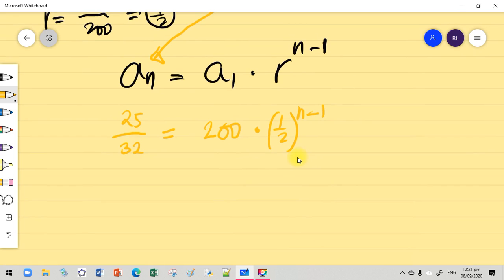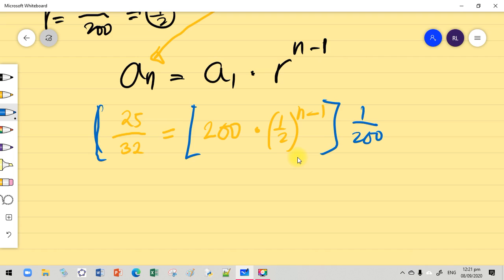So here we can eliminate 200 by simply multiplying both sides by 1 over 200.